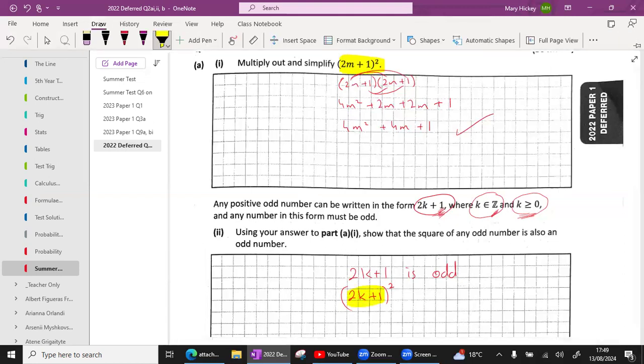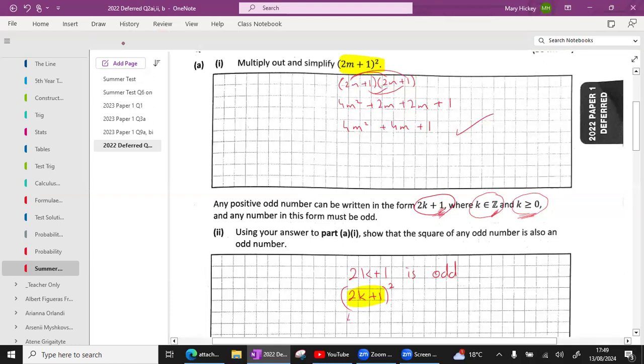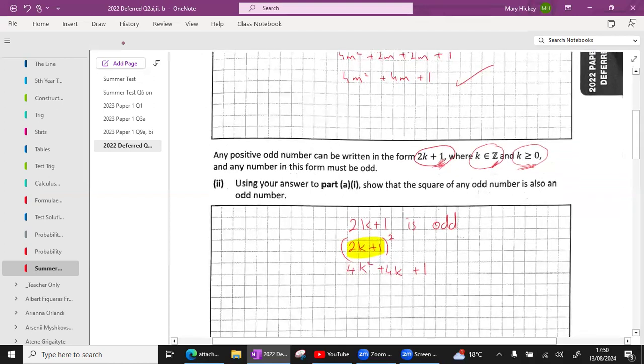So when we do that, we can kind of go straight to the answer here. We're going to write 4k squared plus 4k plus 1. So using your answer to A part 1, we've kind of mimicked that, just replaced m with k.